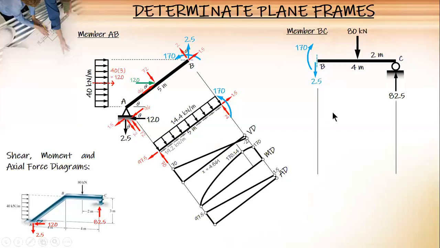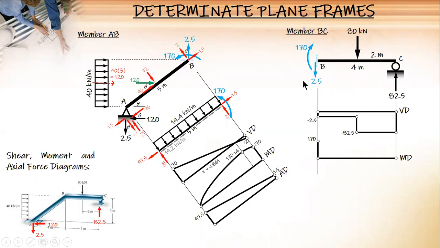And for BC: downward, no load, so horizontal; downward, and then no load, and then upward. Close the moment. Get the area of this: 170, and then the area, 2.5 times 2, that's 5, right?